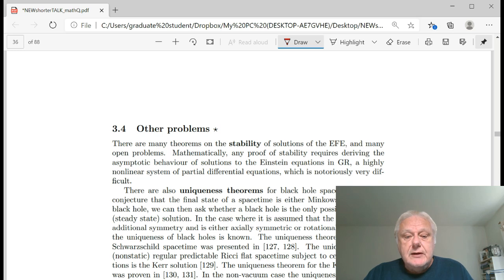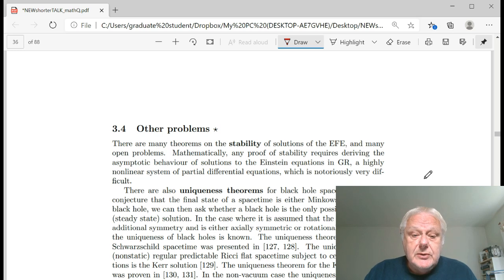Another class of problems in GR, mathematical problems, is talking about stability of solutions. Famous solutions like the Schwarzschild black hole or the Kerr black hole, which is a rotating black hole solution. Are these solutions stable? Are they stable to certain types of perturbations? There's also the question of uniqueness.